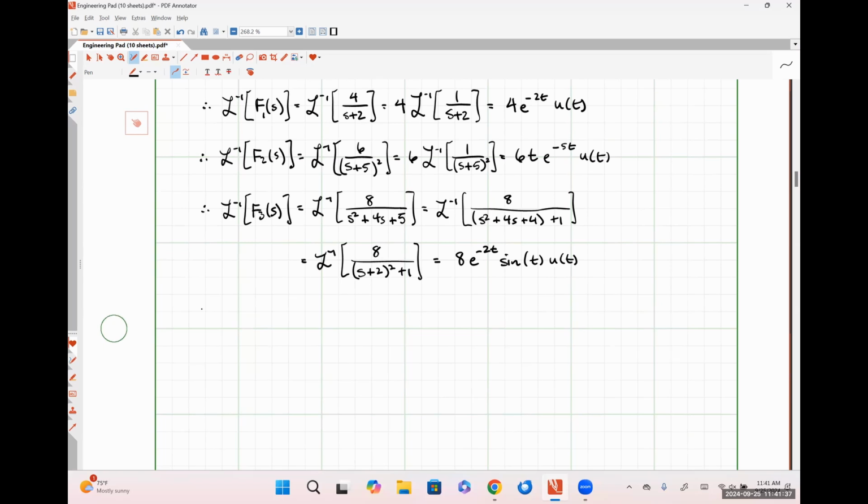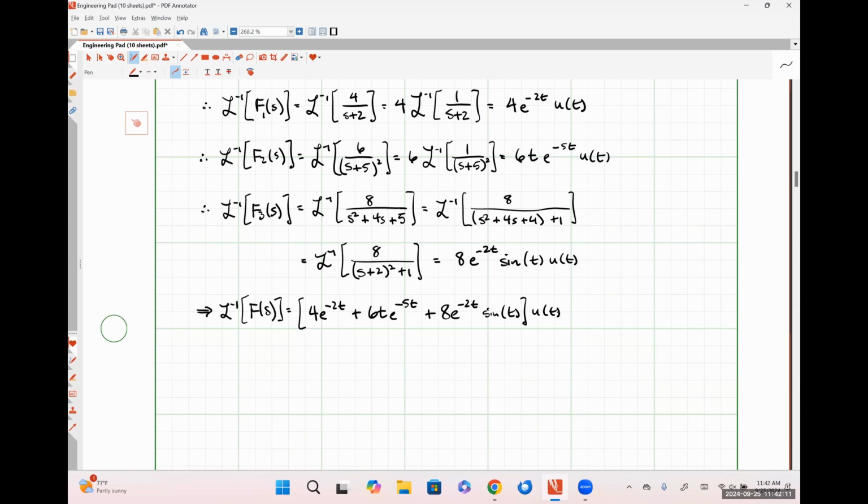And putting all of this together, the inverse Laplace transform of our original function F of s is just going to be 4e to the minus 2t plus 6t e to the minus 5t plus 8e to the minus 2t sine of t times u of t.